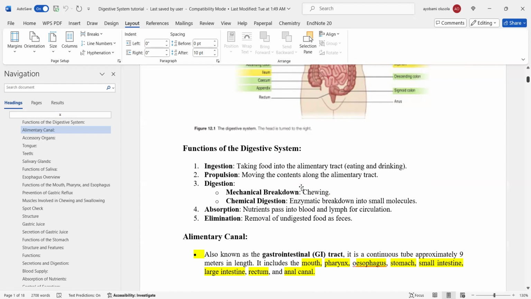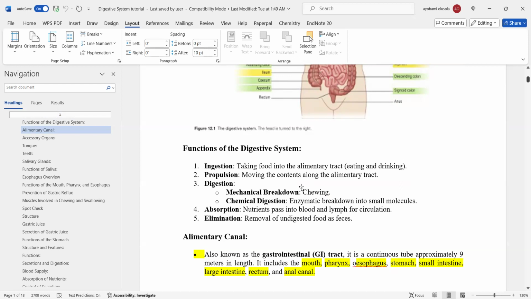So we have absorption. After food has been broken down, the nutrients are absorbed. They enter the systemic circulation or the lymphatic circulation, where the nutrients now move around the body.